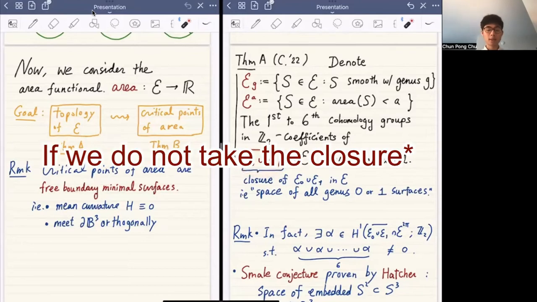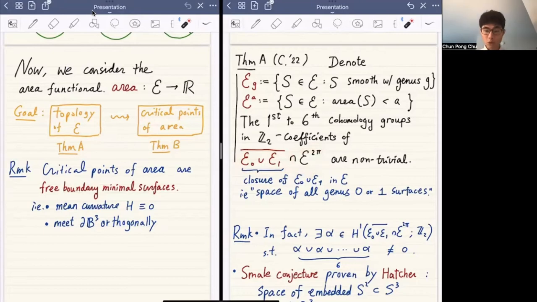If we do not take the union, it is disconnected. And then furthermore, we look at surfaces with area less than 2 pi. This bound 2 pi will be important for us to rule out multiplicity when we do min-max theory. So roughly speaking, this is the space of all surfaces with genus 0, 1 and area less than 2 pi. And then the first theorem says that the topology of this space is not trivial. The first to the sixth cohomology groups are not trivial.